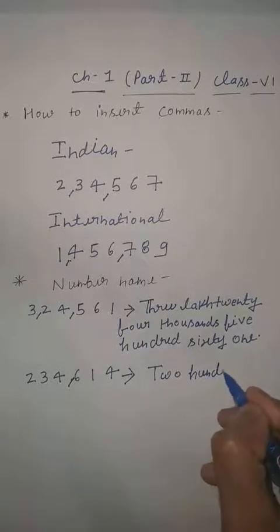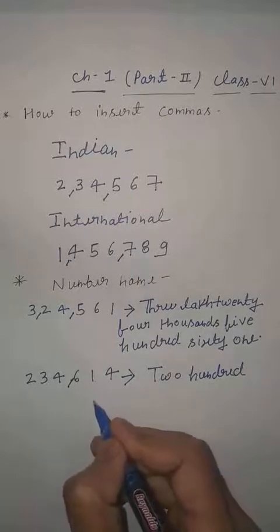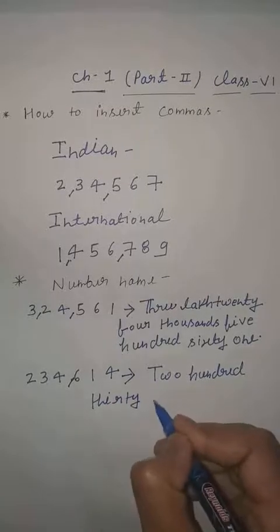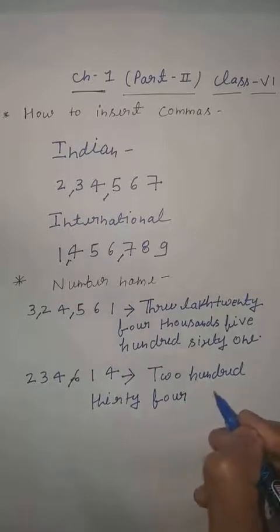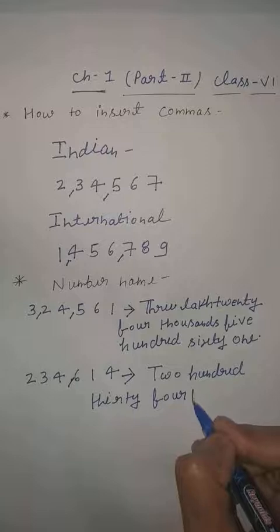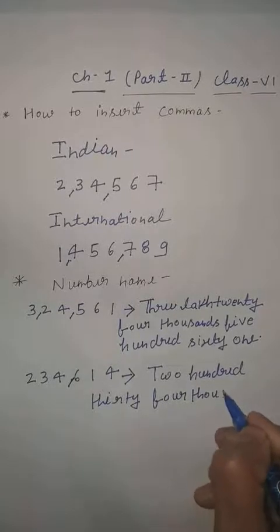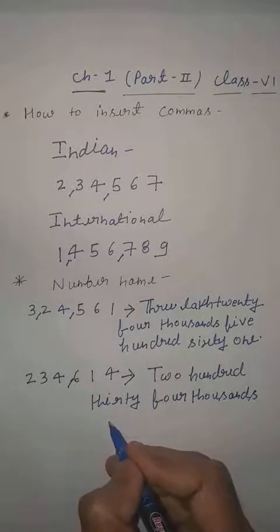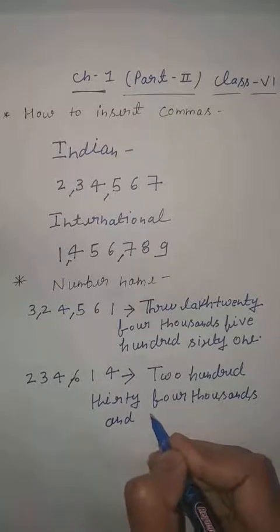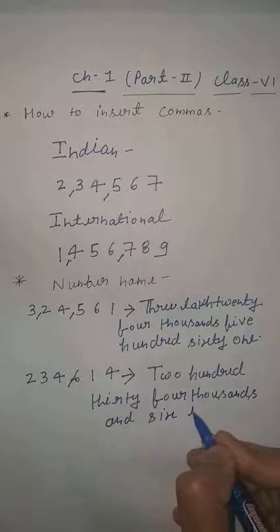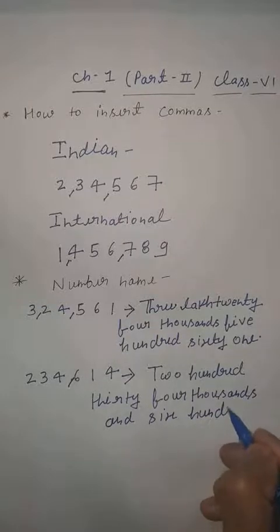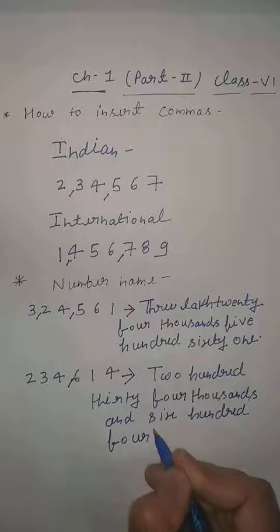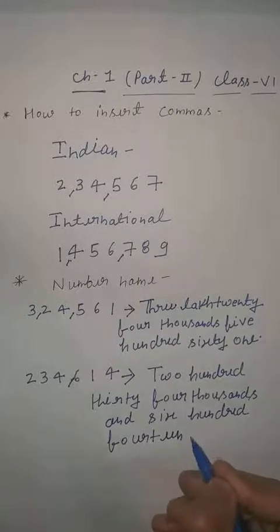200, 30, 4, 234 thousand, and 614. Clear to everyone?